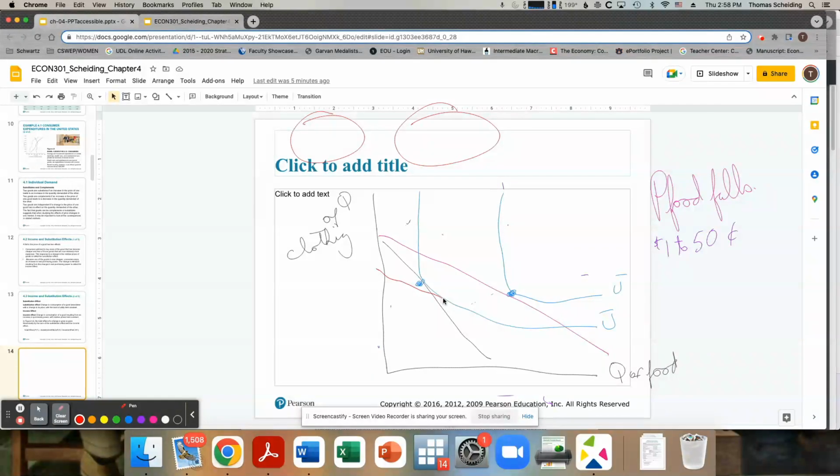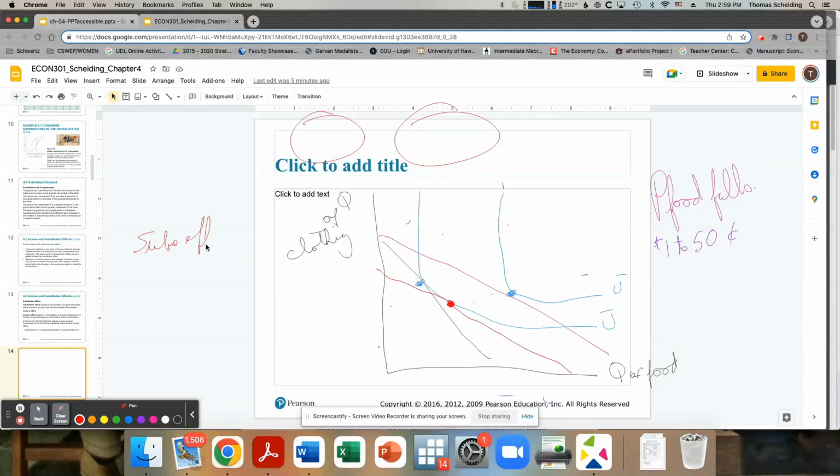It's not going to look great, but you'll get the idea. So let's pretend that the pink line and the red line are exactly parallel to one another, and it touches that original indifference curve right here. So it's keeping the level of utility constant, but it's reflecting this different relative price ratio. So let's write that down.